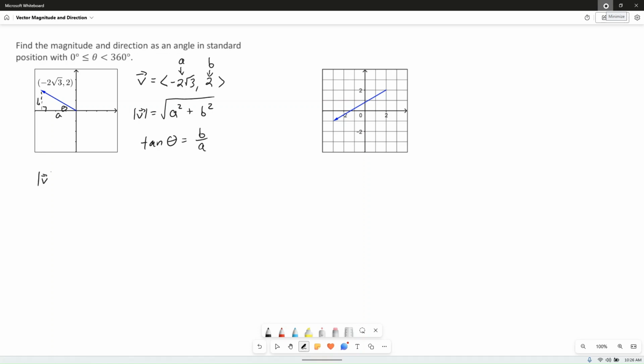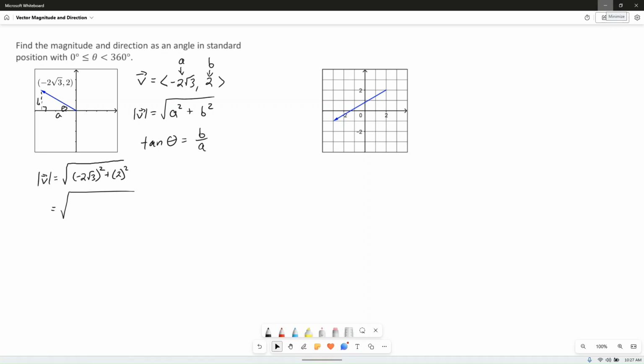So the magnitude of our vector is the square root of a squared plus b squared. So that's going to be the square root of (-2√3) all squared, plus 2 squared. When we square -2√3, we're going to square the -2, and we're going to square the square root of 3.